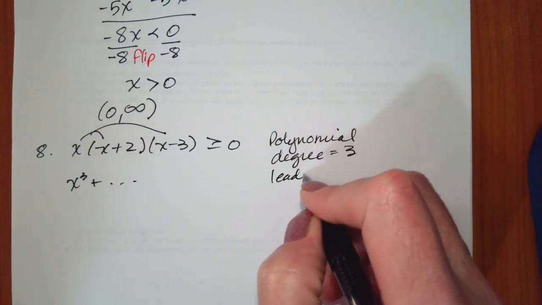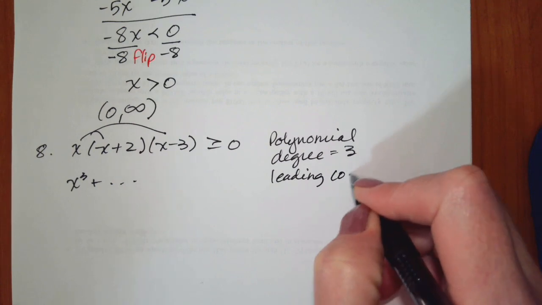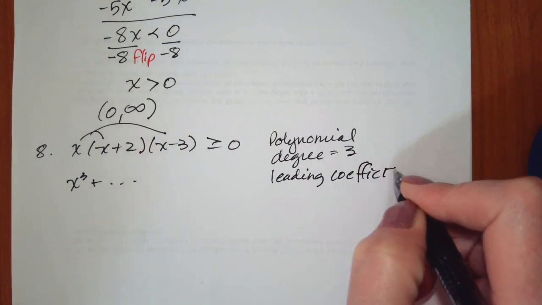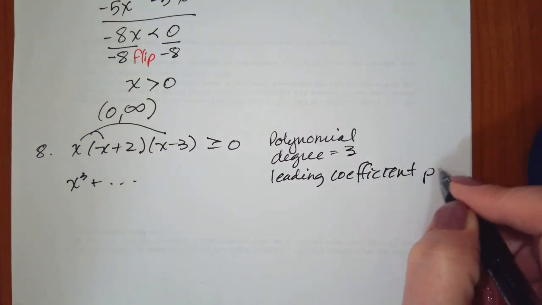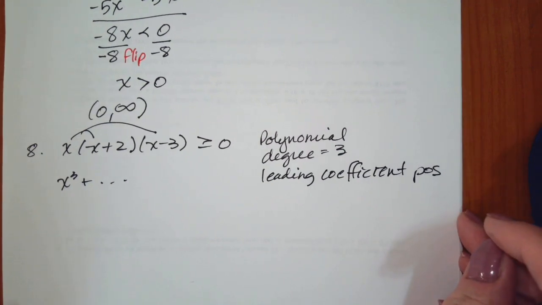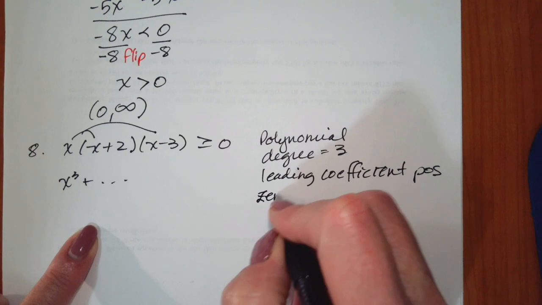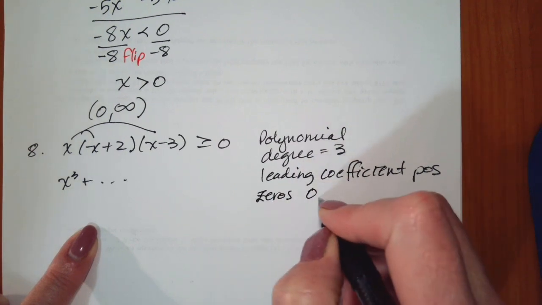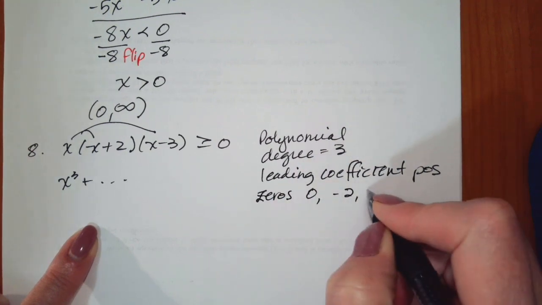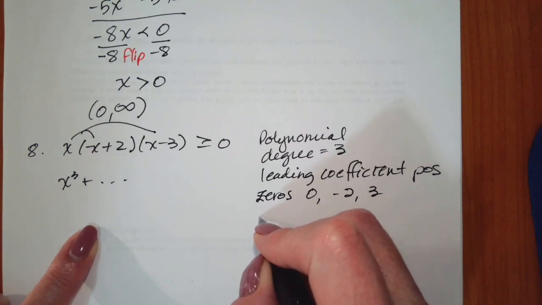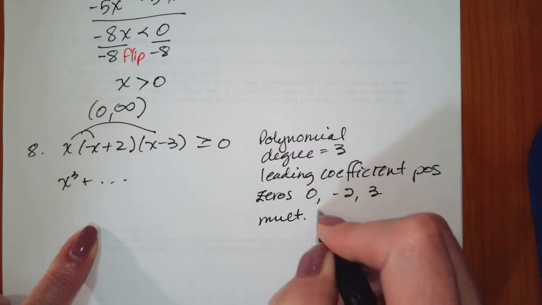And the leading coefficient is positive. And then I know that my zeros are 0, negative 2, and 3. They all have a multiplicity of 1.